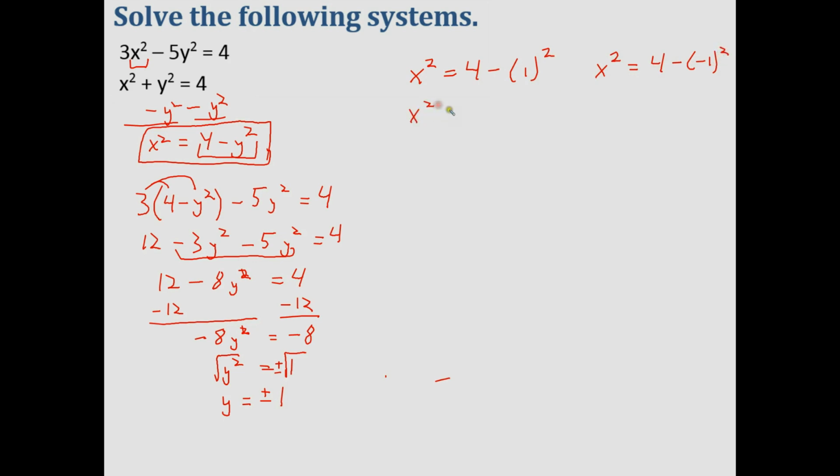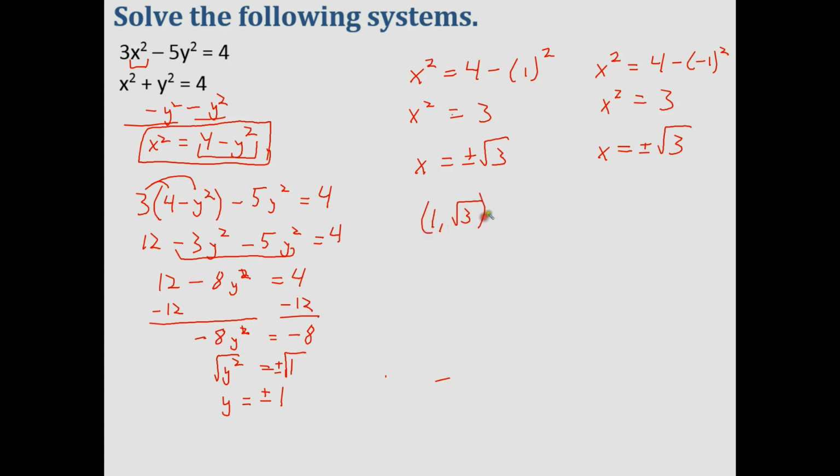And so x squared, 1 squared is 1, 4 minus 1 is 3. Take the square root of both sides, remembering to put plus or minus. Over here, remember we square first, so negative 1 squared is 1, 4 minus 1 is 3. So we get the same equation here. And so x is plus or minus root 3. And so we can write our answer when we had 1. I'm going to write it as 4 solutions.